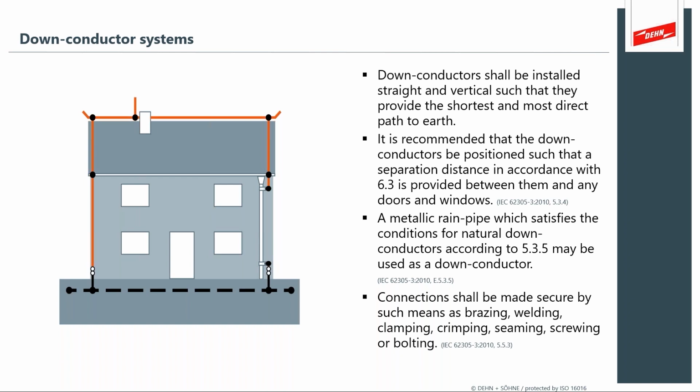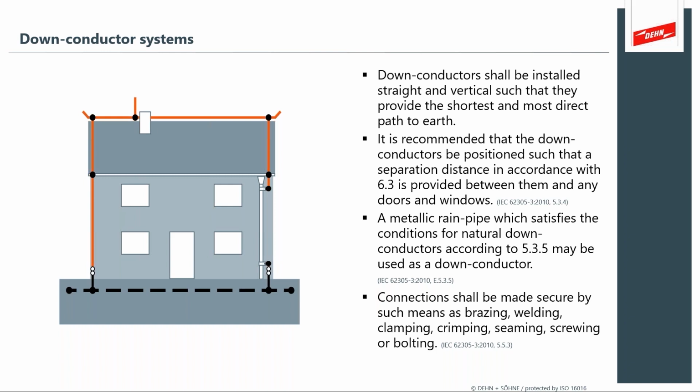Connections, of course, can be clamped, crimped, seaming, screwing, bolting, and of course, exothermic welding, brazing, things that are high temperature operations. You're not just going to use a little bit of electric solder to put together a lightning down conductor, because that will, of course, fail when you need it most.